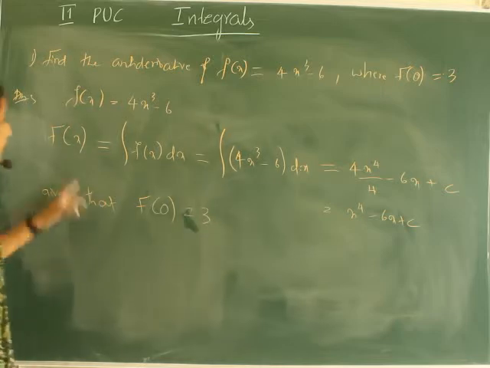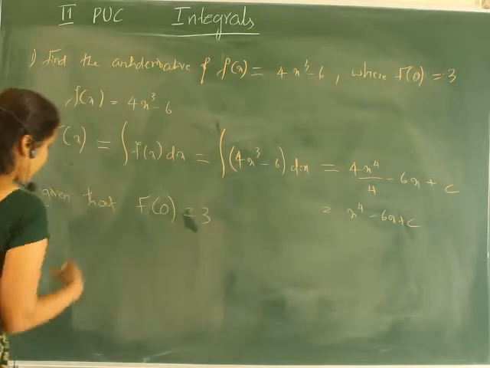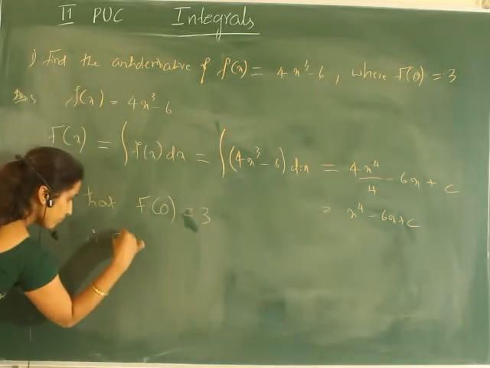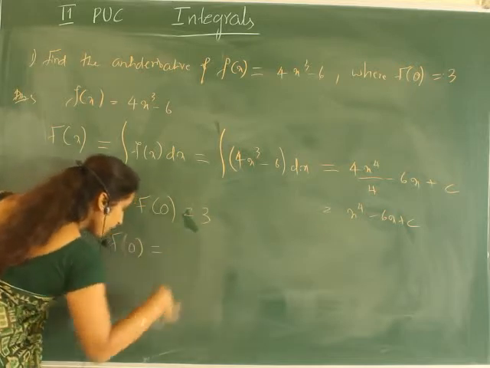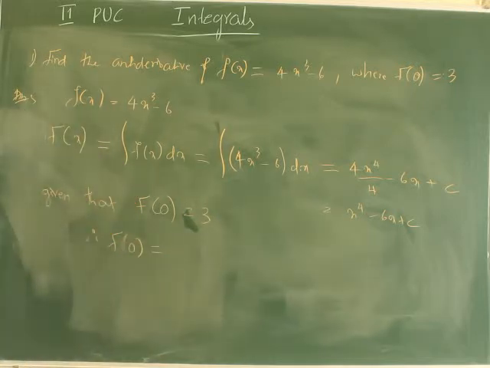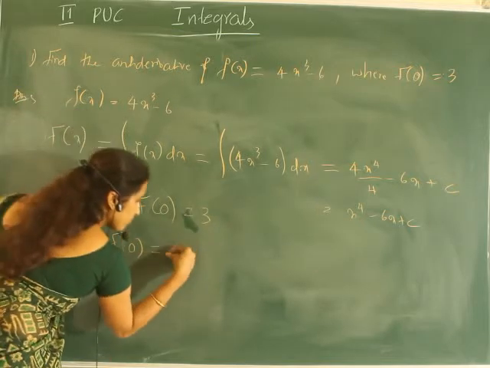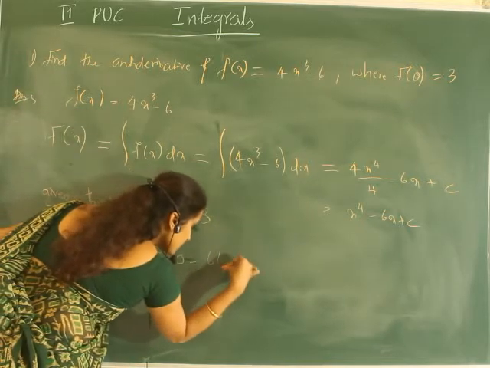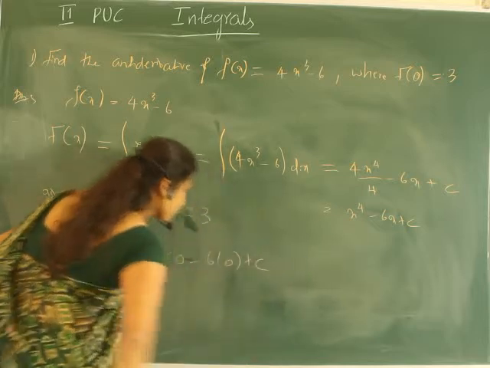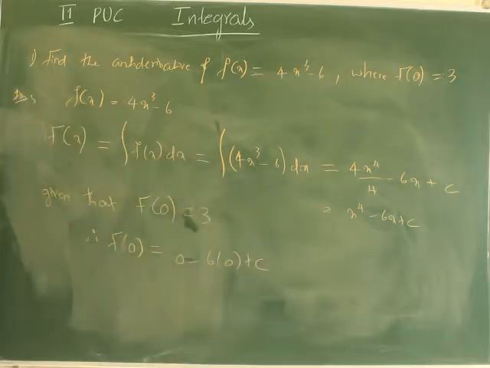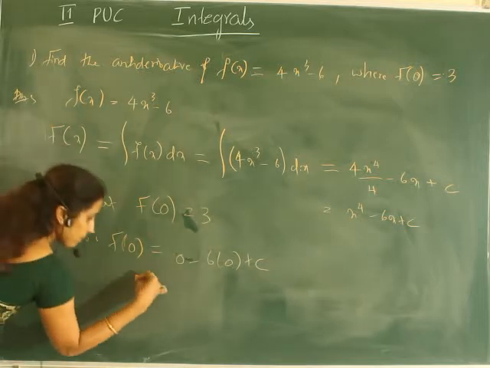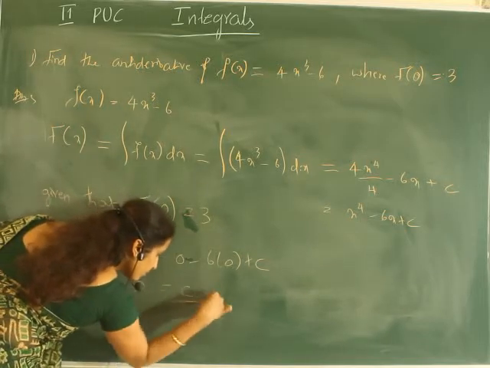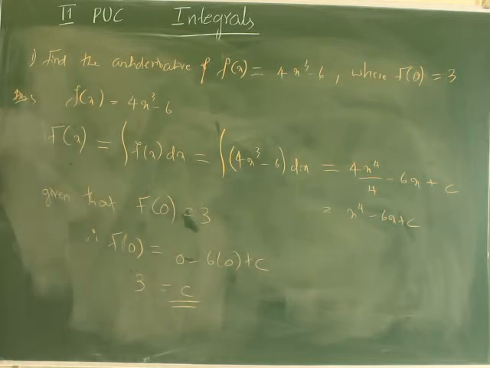What we can do is replace x by 0. So f of 0 is equal to 0 minus 6 into 0 plus c. Therefore, when we calculate, we get c is equal to this value, which is given as 3. We got 3 is equal to c.